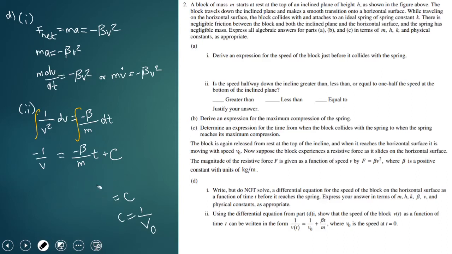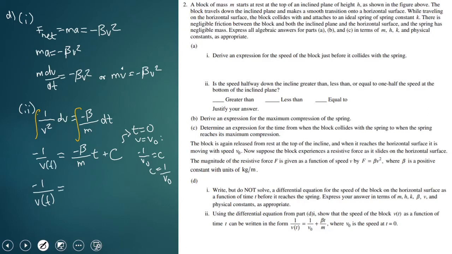So I'll write it a little bit neater to the side. Time t is equal to 0, v is equal to v naught. I get the expression negative 1 over v naught is equal to c, so c is equal to 1 over v naught. So then I get my negative 1 over v as a function of time is equal to negative beta over m t.